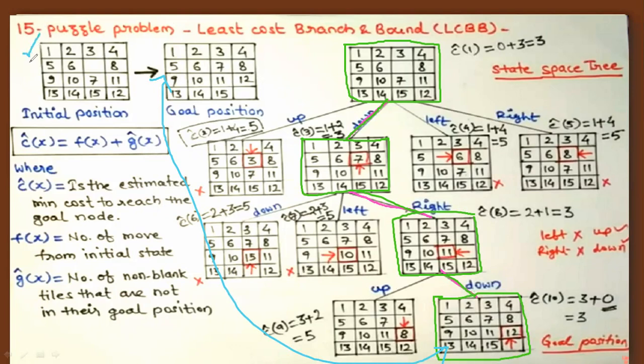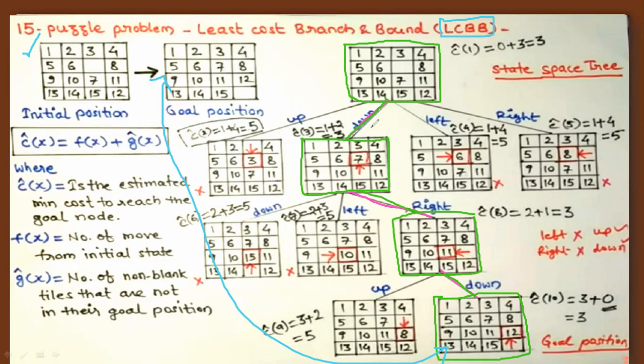When I apply the least cost branch and bound searching technique to the given problem, the problem is converted into this type of frame. This is called the goal position, which I can reach after a number of iterations.